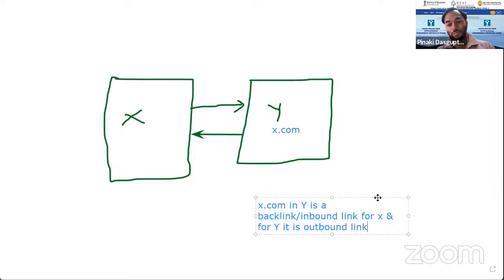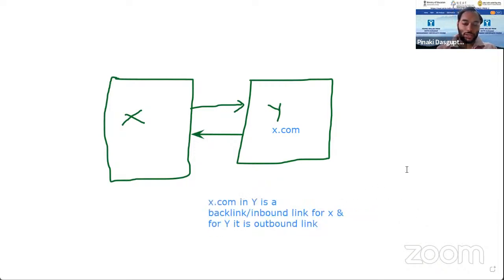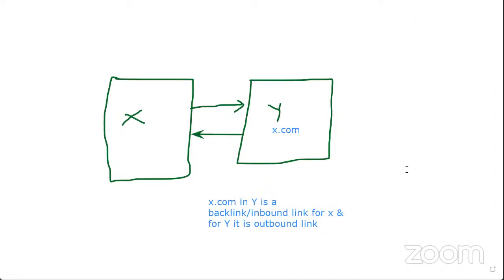So this is what the concept is. x.com in y is a backlink or inbound link for x, and for y it is outbound. Is that clear?